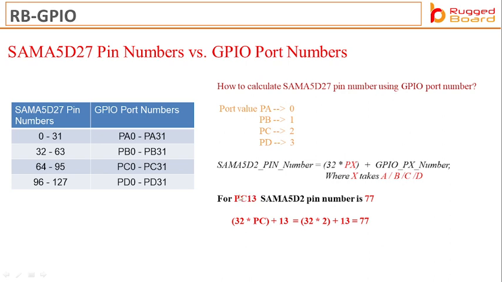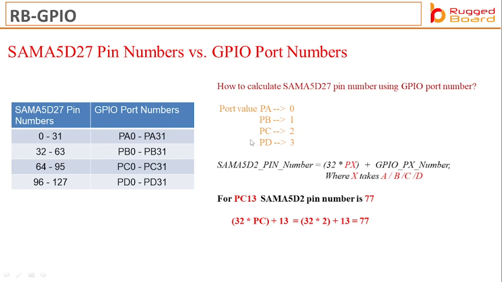Since it is port C, it is 32 times PC plus 13. The PC value is 2, so 32 times 2 plus 13 gives us 77. It is a simple calculation. Likewise, you can calculate it for PD12, PB12, and PA30.